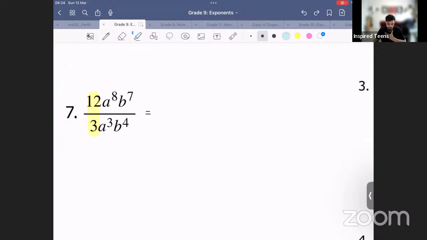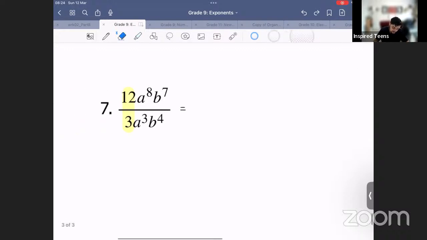Okay, so when we have a term like this, we can see that on top we have only multiplication. It's 12 times a to the 8 times b to the 7, divided by 3 times a to the 3 times b to the 4. In this case, because there's no addition, we can simplify from top to bottom.